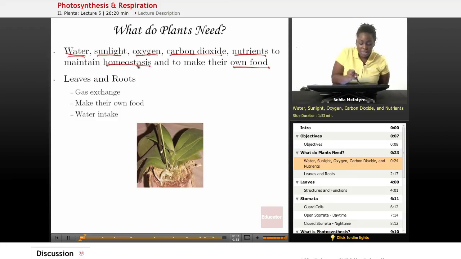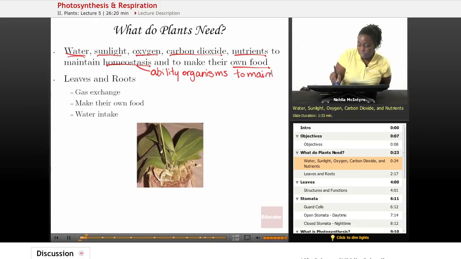food. Homeostasis is the process or the ability for all living organisms to maintain life processes for survival, internally.